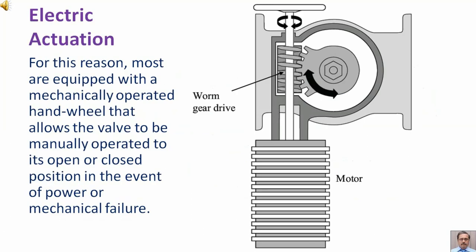For this reason, most are equipped with a mechanically operated hand wheel that allows the valve to be manually operated to its open or closed position in the event of power or mechanical failure.